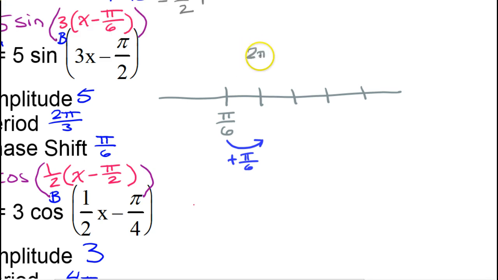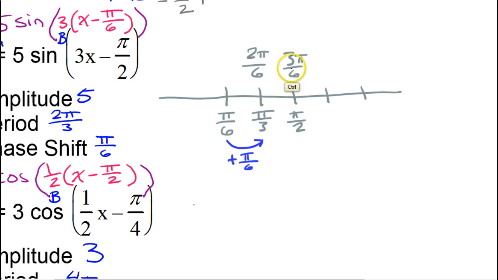So I've got 2 pi over 6. That's going to reduce to pi over 3. Alright, but if I take 2 pi over 6 and I add another pi over 6, that's going to be 3 pi over 6. But that will reduce down to pi over 2.